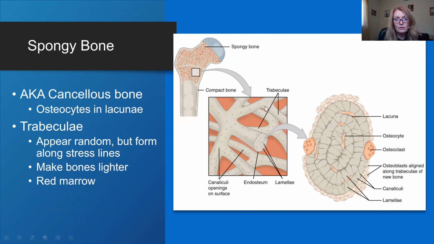So those are trabeculae and they appear random, but they form long stress lines. Spongy bone makes bone lighter. And also in the cavities in between these trabeculae, we can store red marrow, and remember, red bone marrow is for hematopoiesis. So we can form blood cells within this red marrow.